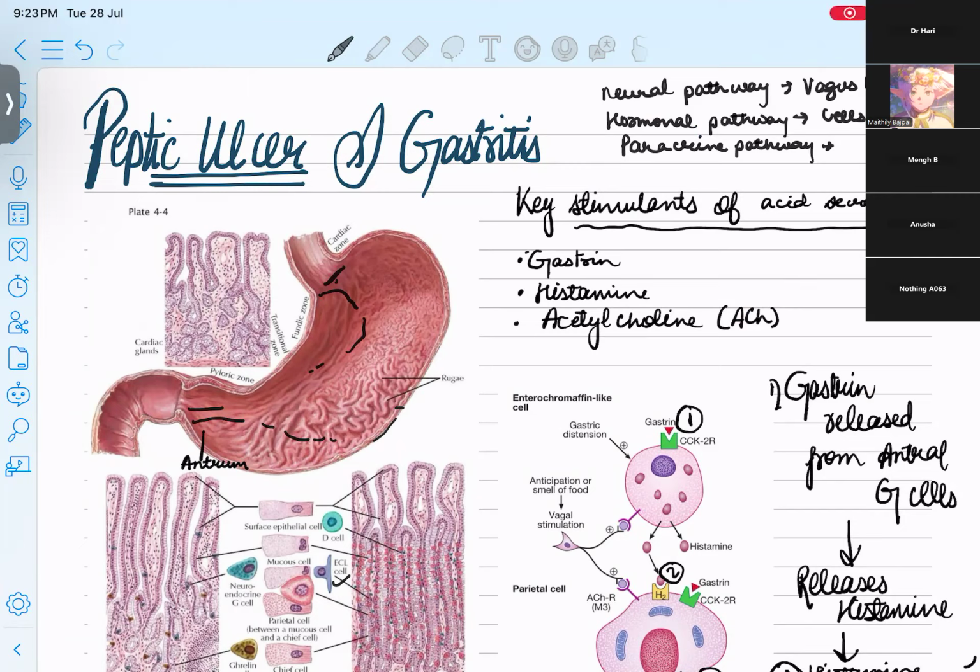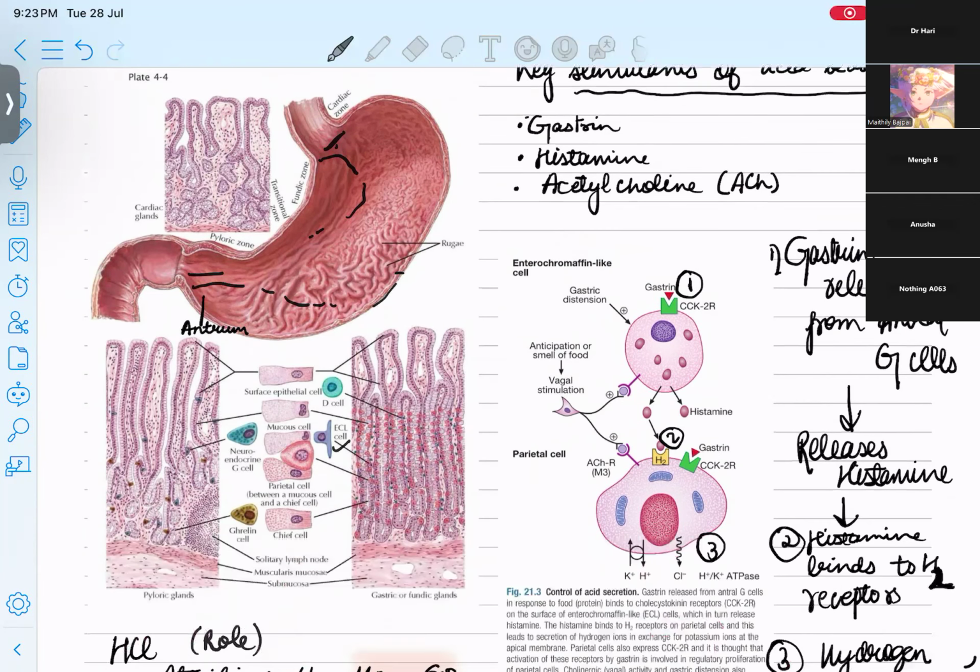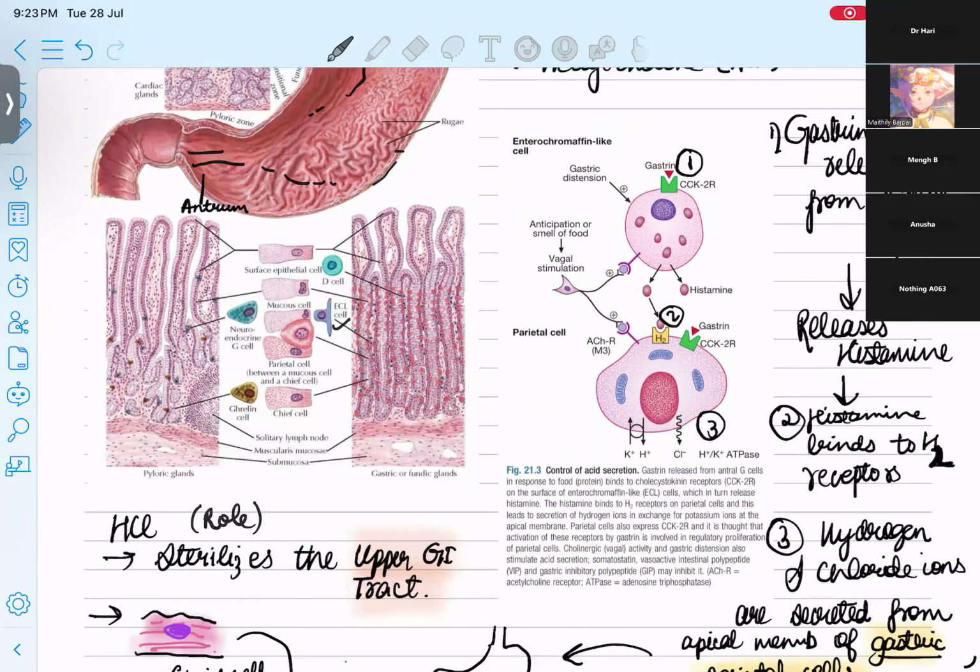The enterochromaffin-like cells produce histamine, while the enterochromaffin cells produce substances like atrial natriuretic peptide, serotonin, and adrenomedullin, which are all paracrine substances. They also influence gastric secretion by acting on the nearby parietal cells. So those are the three pathways: neural, hormonal, and paracrine.